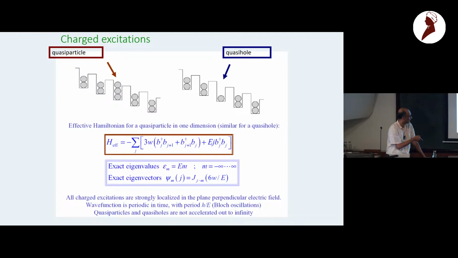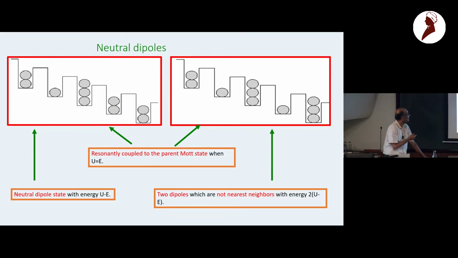So this doesn't work. What works is that it can form these dipoles, because if a particle goes from one side to the next, this combination of one vacancy here and one extra particle here has an energy cost of U minus E. You pay an extra energy U by putting this extra particle here, but by creating this hole, you gain an electric energy because you have moved to this side.